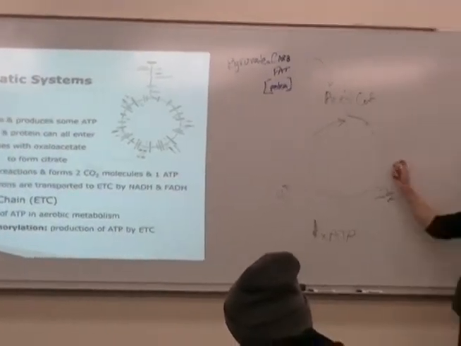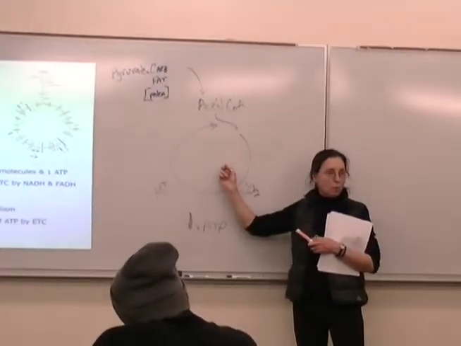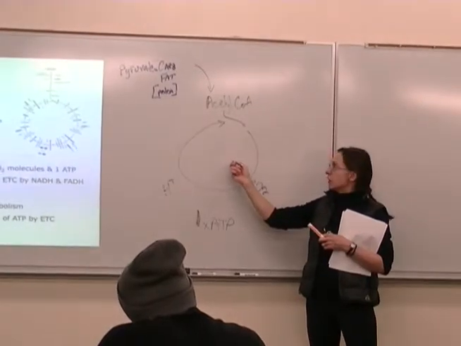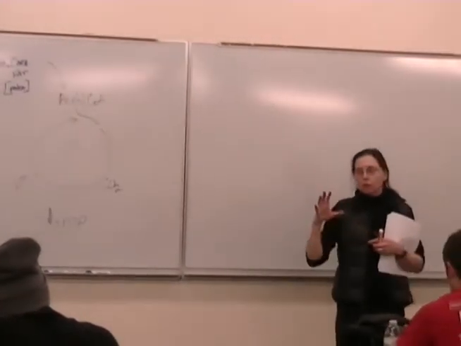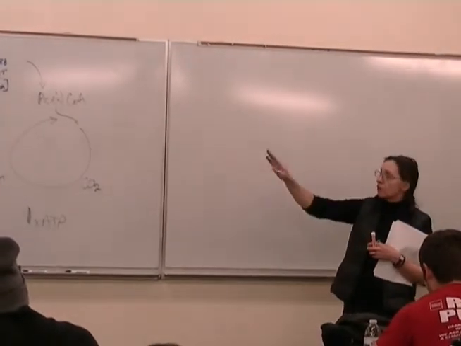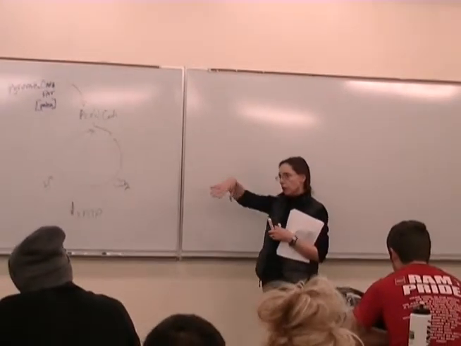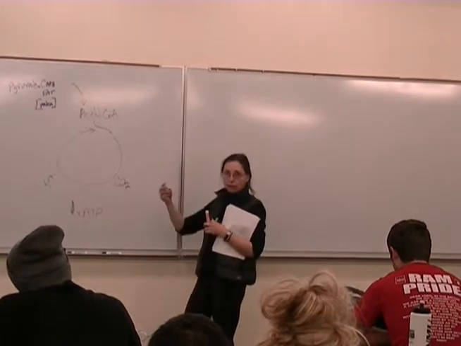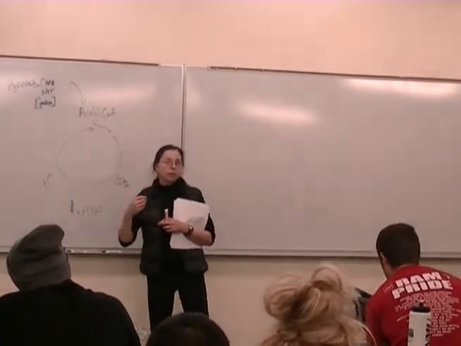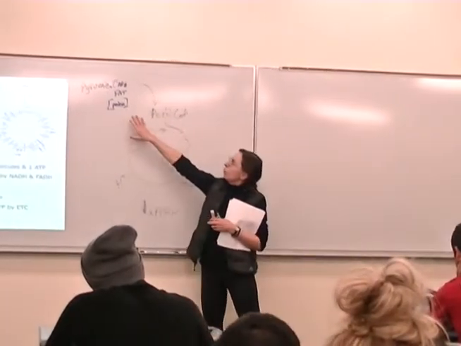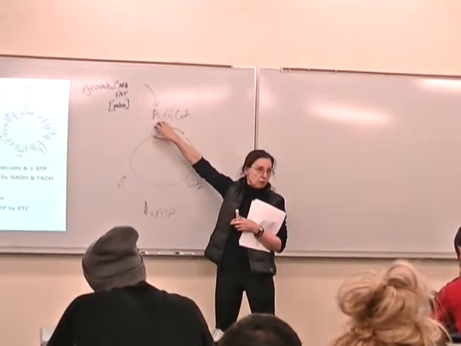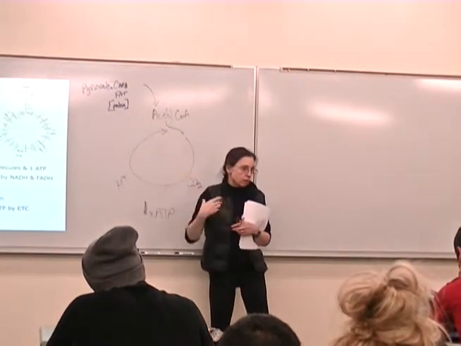This part of the system occurs in what we call the mitochondria. So system 1 and system 2 occur in the muscle cell, in the sarcoplasm, and then the substrate gets moved into the mitochondria and turned into acetyl-CoA.